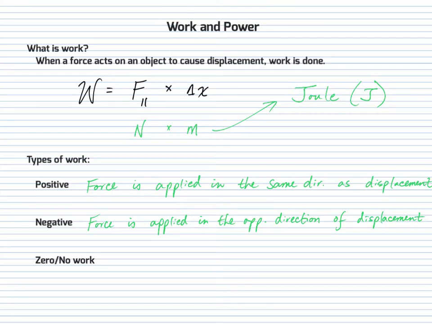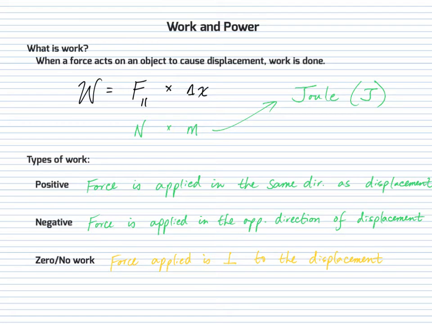Now, zero or no work is kind of an interesting case. Zero or no work would be force applied perpendicular to the displacement. An example that comes to mind for this one would be, let's say that I'm a waiter at a restaurant and I'm carrying a tray of food across the dining room.